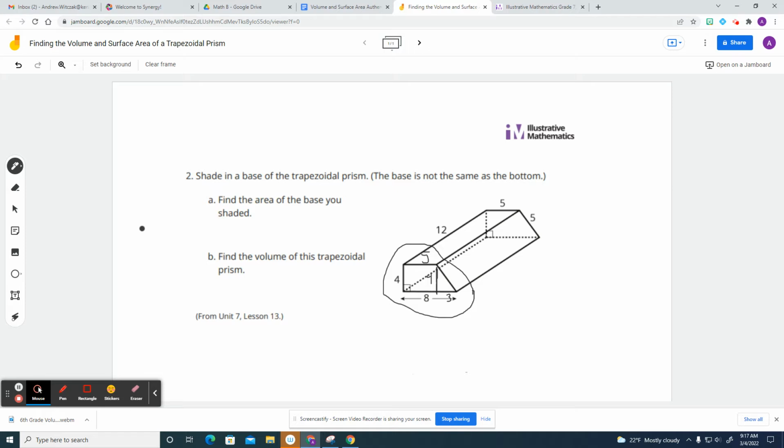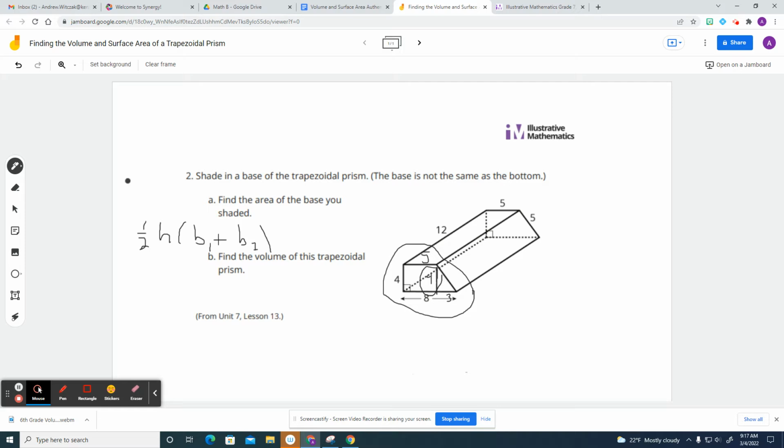So the formula for the area of a trapezoid is 1/2 times the height, and then times the bottom base, which we'll call B1, plus B2. Now, the height of the trapezoid is 4.